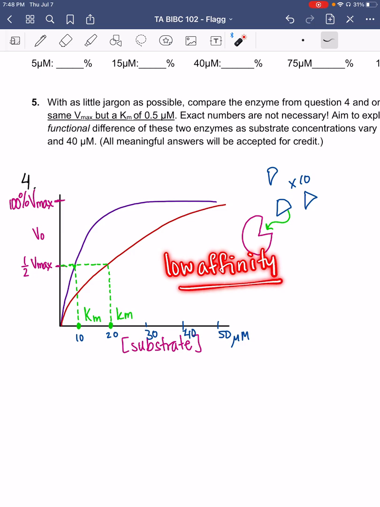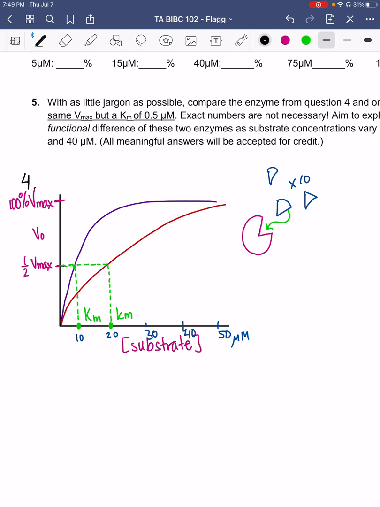for its substrate. So from this, we can deduce a simple memorization statement: high Km equals low affinity and low Km equals high affinity.